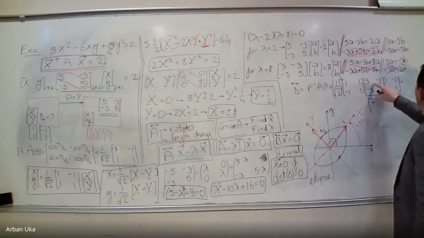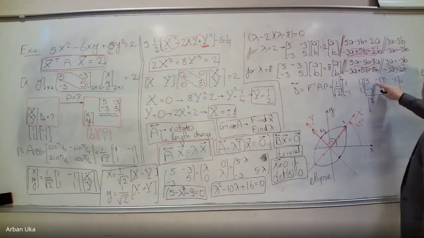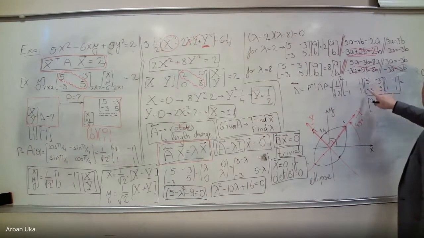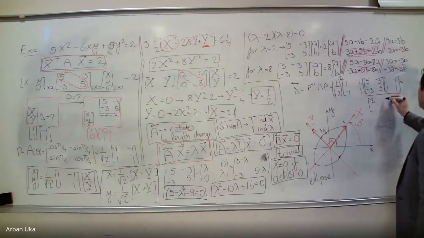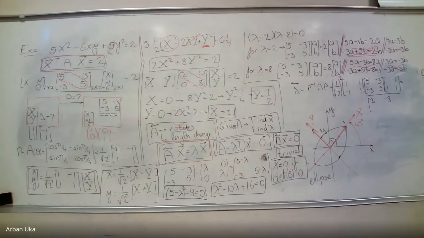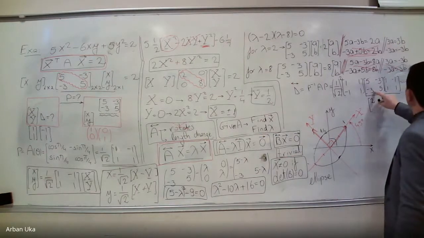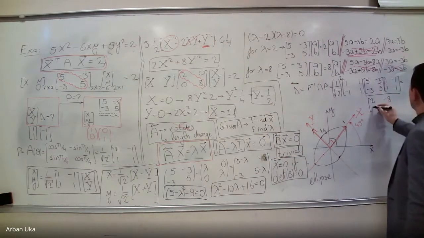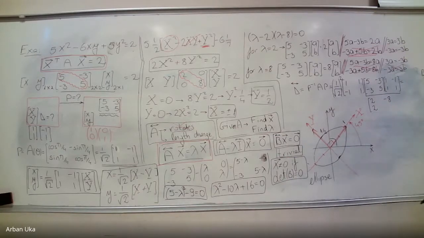And then we have minus 5, minus 3, this is minus 8. And then we get minus 3 plus 5, this is 2. And this is 3 plus 5, this is 8. This looks like correct.